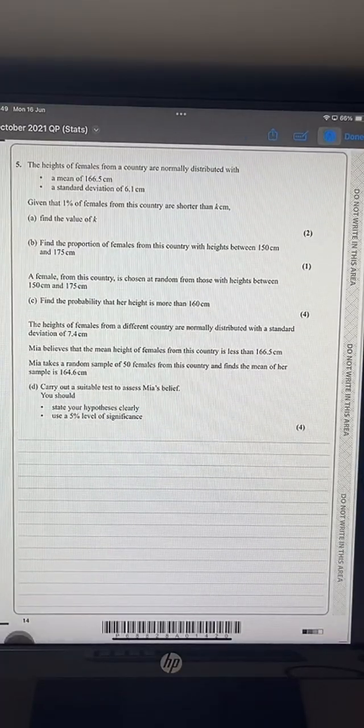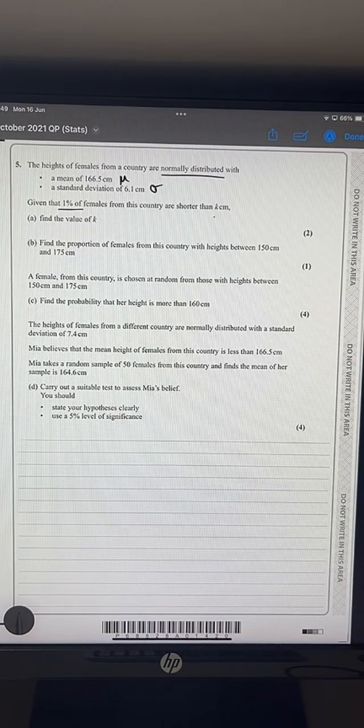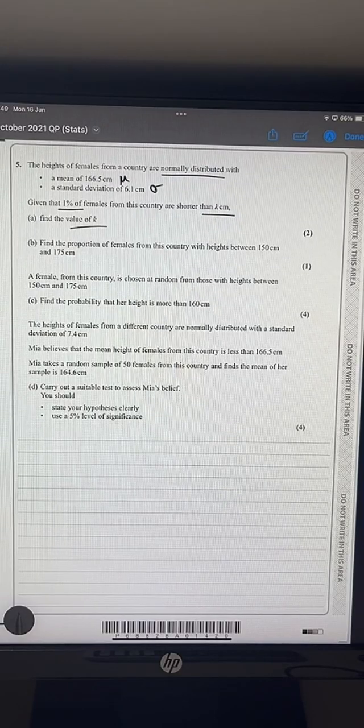This is guaranteed to come up in pretty much every single exam, and it is a chunky question most of the time. So the heights of females from a country are normally distributed with a mean of 166.5 and a standard deviation of 6.1. Given that 1% of the females from this country are shorter than K, find the value of K. So for this one, you need to do the inverse, right?